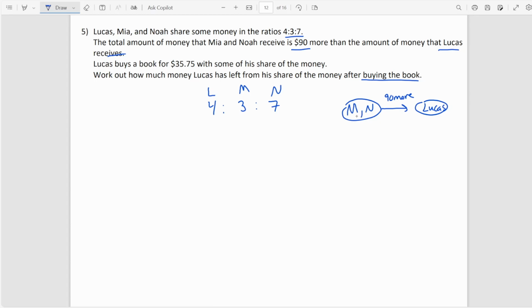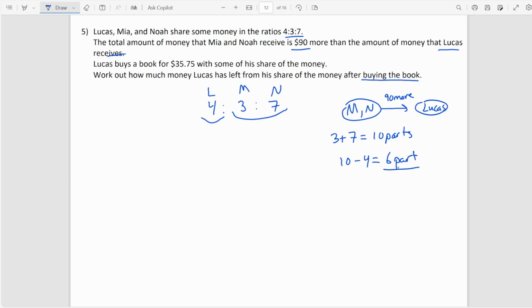Now, this is very similar to the previous exercise. We know that both Mia and Noah had 90 more than Lucas. Now, Mia and Noah's parts are 3 plus 7, which are 10 parts. The difference between both Mia and Noah and Lucas is 10 minus 4, so it's a 6-part difference.